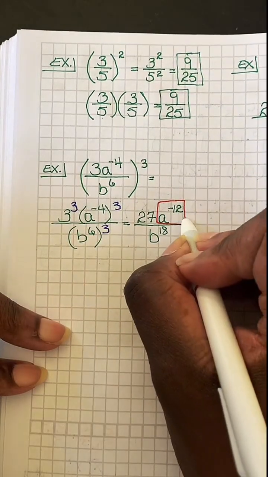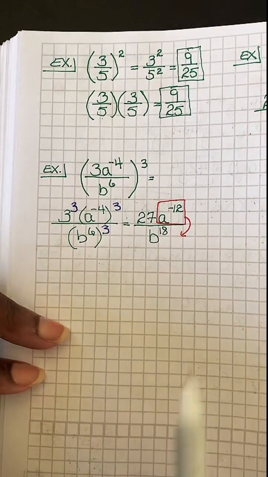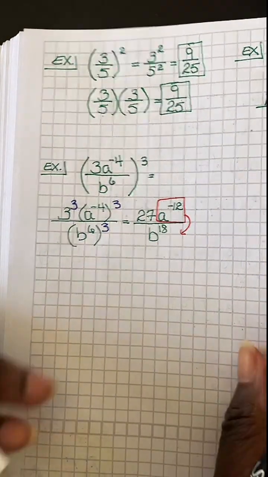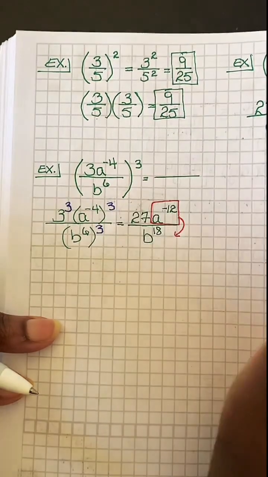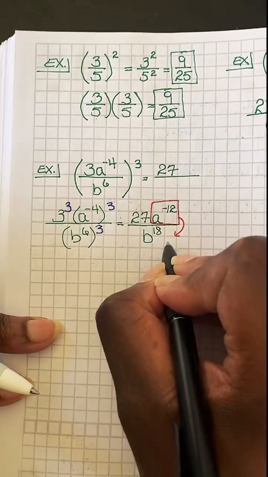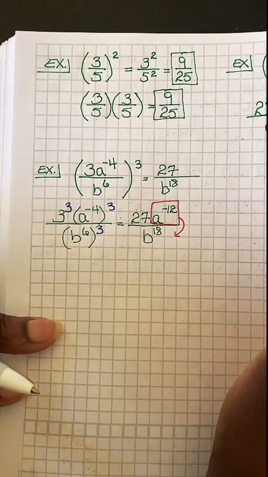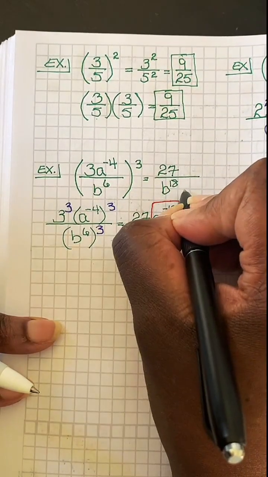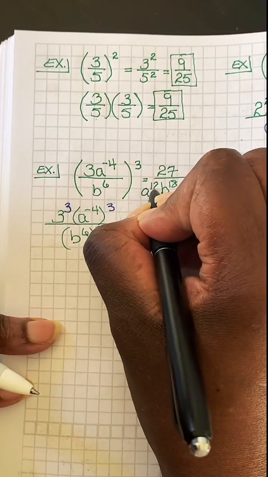So the only thing that's going to have to drop down in the denominator is my a. So for my final answer, I'm going to put up here 27. Down in the denominator will be b to the 18th. And unless you want to put it in alphabetical order, you can do that as well. I'll do that. That'll be a to the 12th.